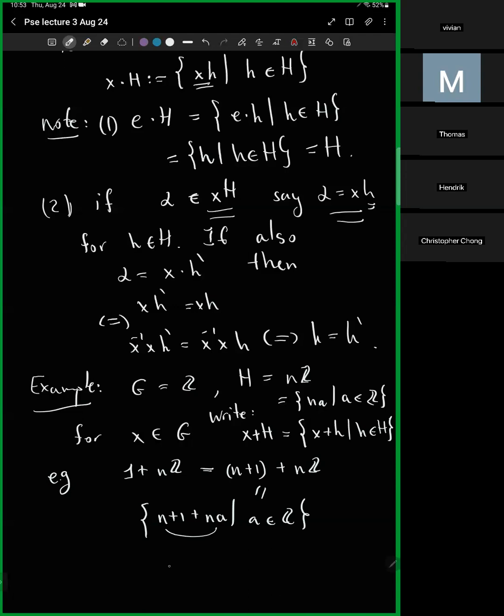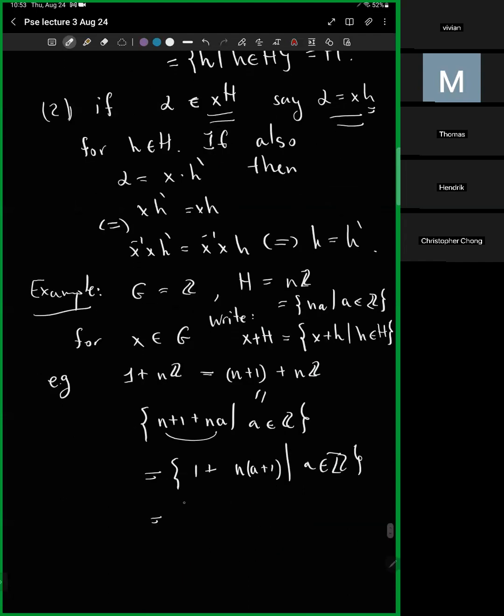So I get that it's the same as saying 1 plus na, where a is in Z, which is really the same as taking simply 1 plus a, a in Z.